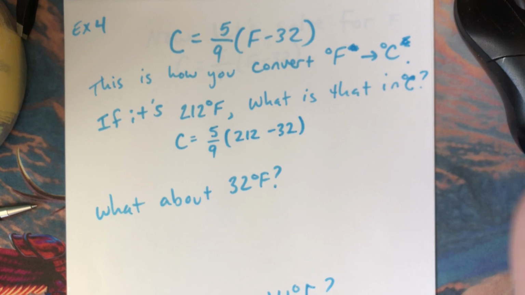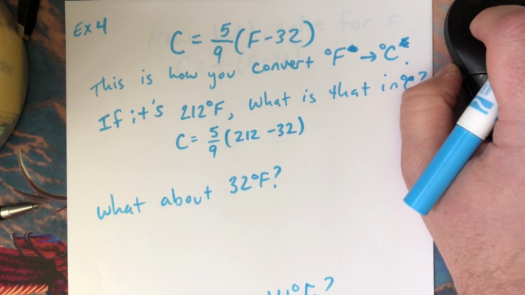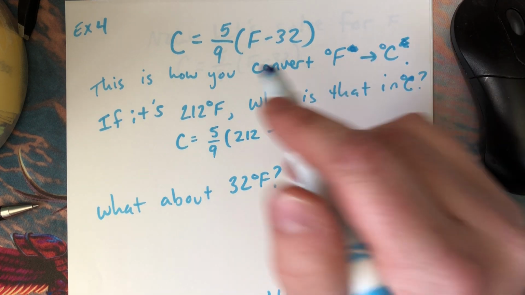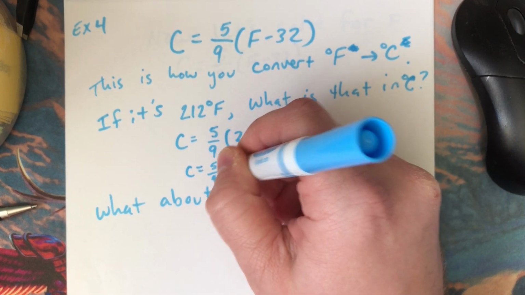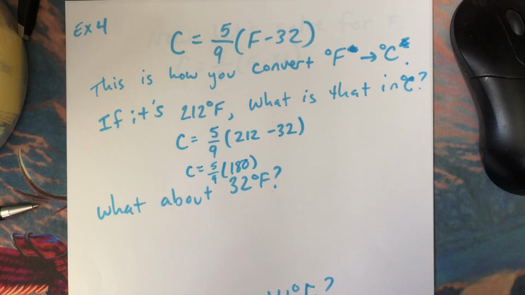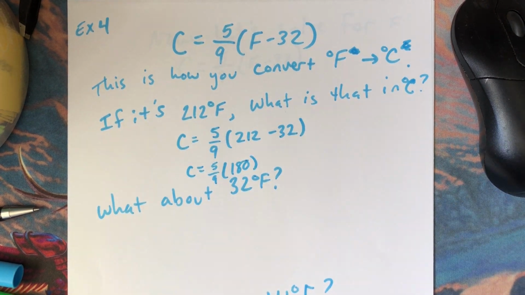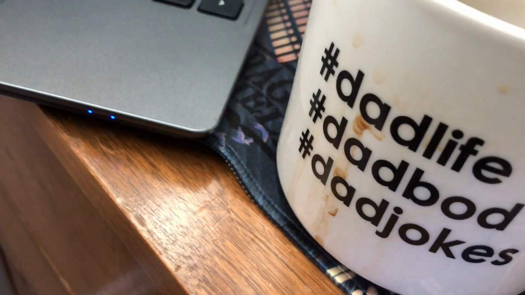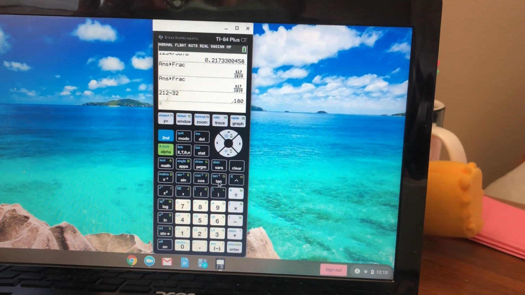Well, 212 minus 32, I'm actually going to use my calculator for this. This number is kind of big. 212 minus 32, I got 180. It's honestly worth showing you guys. If I want to do 5/9 times 180 in my calculator, we want to be careful. 5/9 is a fraction, right?